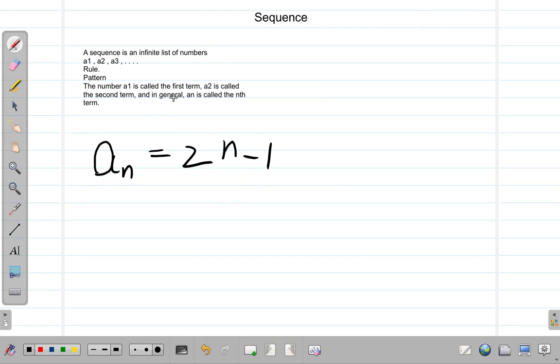Notice I made some jottings here. You have a certain rule and a pattern that the sequence follows. The number a_1 is called the first term, a_2 the second term, and so on. So in general, a_n is called the nth term. We have a and then subscript n.